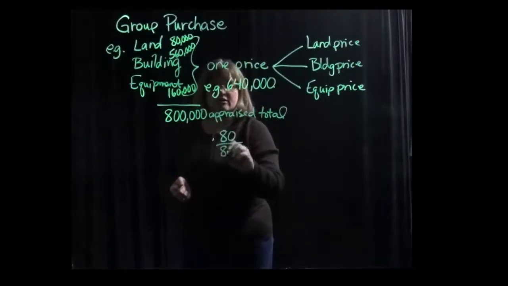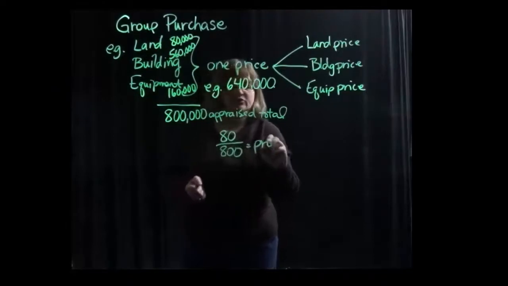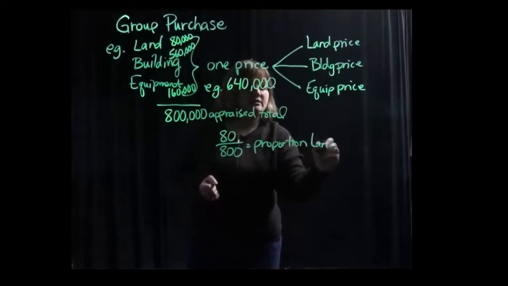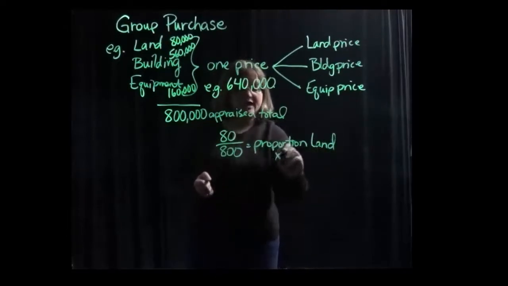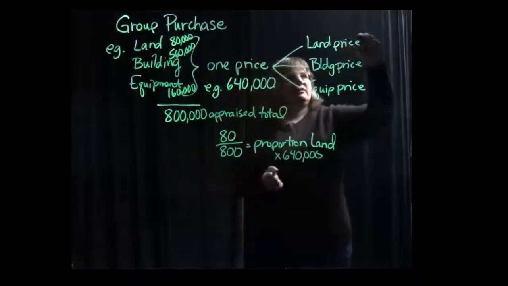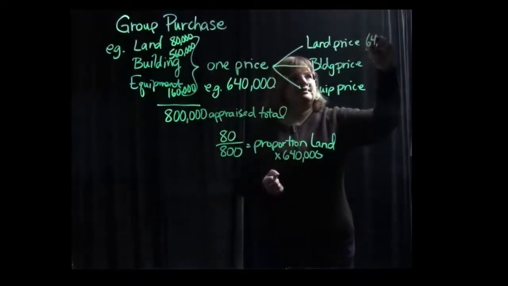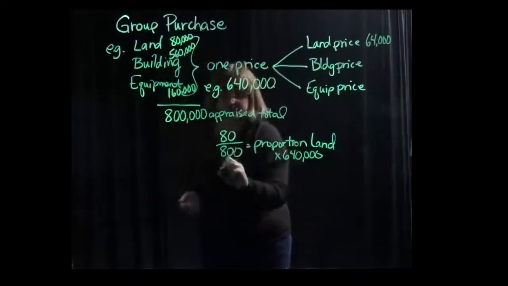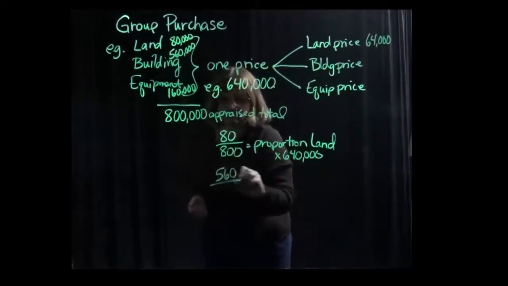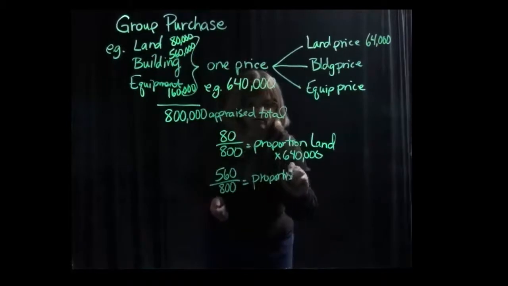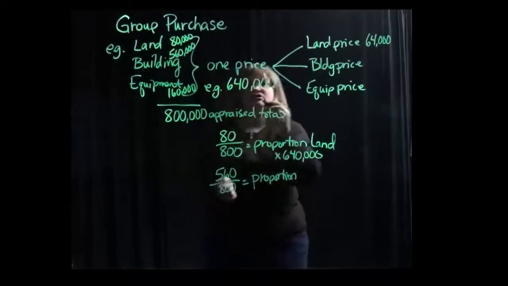So basically, we just take the proportions. So we would take 80 over 800. This is the proportion for the land. And so we would multiply that by 640,000 to determine that the land price is going to be deemed as 64,000. We would then use the 560 over the 800. That's the proportion that we're going to allocate to the building.